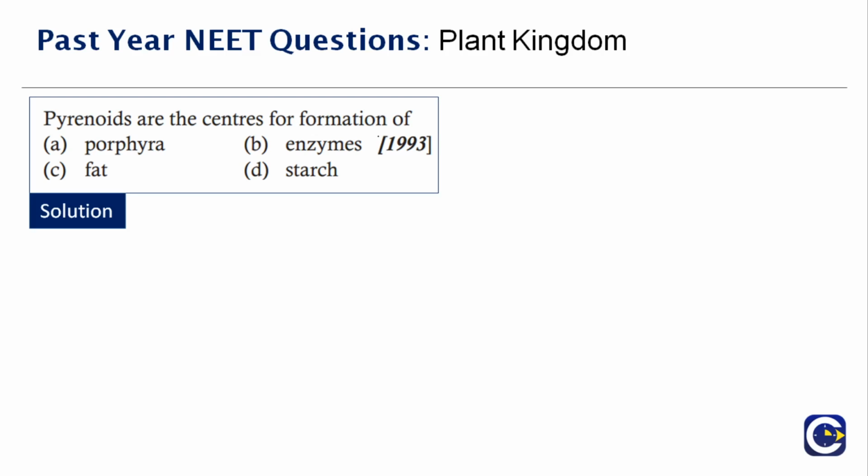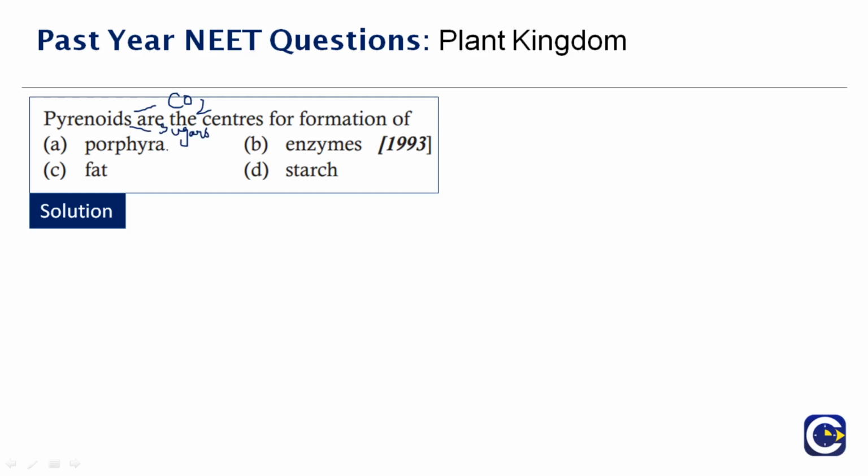So here this pyrenoid is responsible for carbon dioxide fixation. Okay, and the main important thing to note here about pyrenoid is they are not membrane bound organelles, but they are specialized areas of the plastid and they mostly contain sugars.